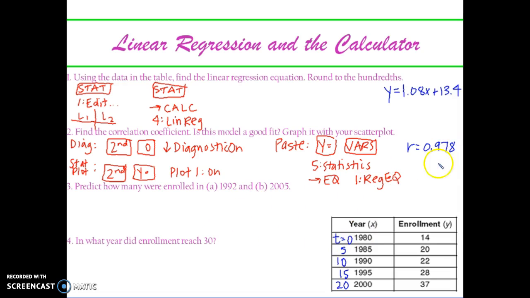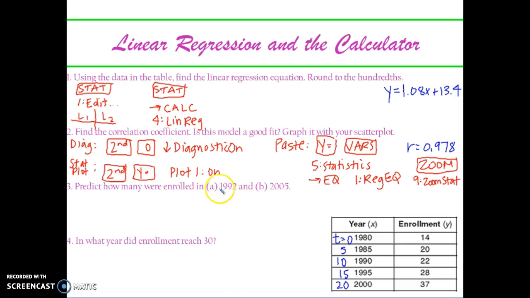And another thing we looked at was just whenever you look at your window, you're going to go to zoom, and then we want number 9, zoom stat. Alright. Then we want to predict how many were enrolled in A, 1992, and in B, 2005.